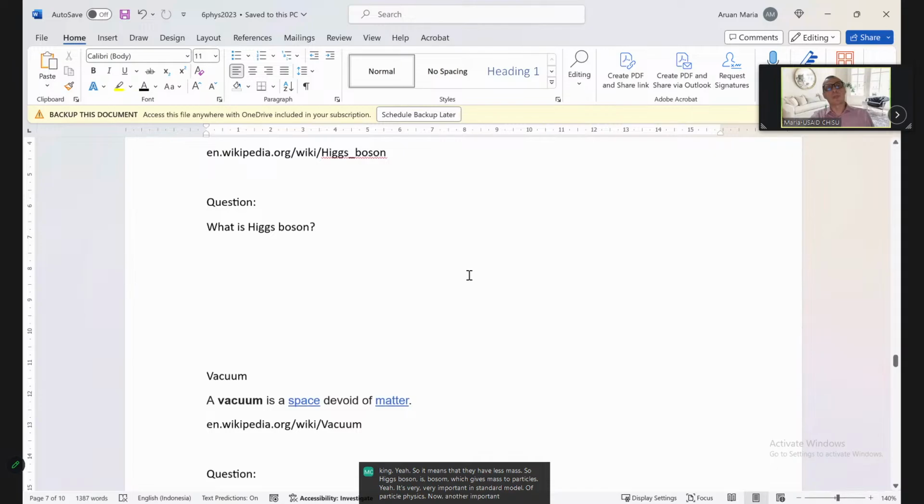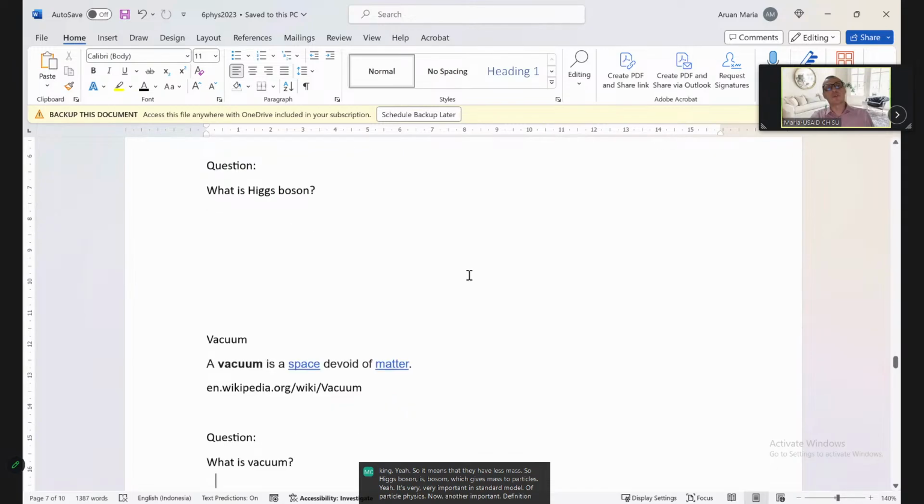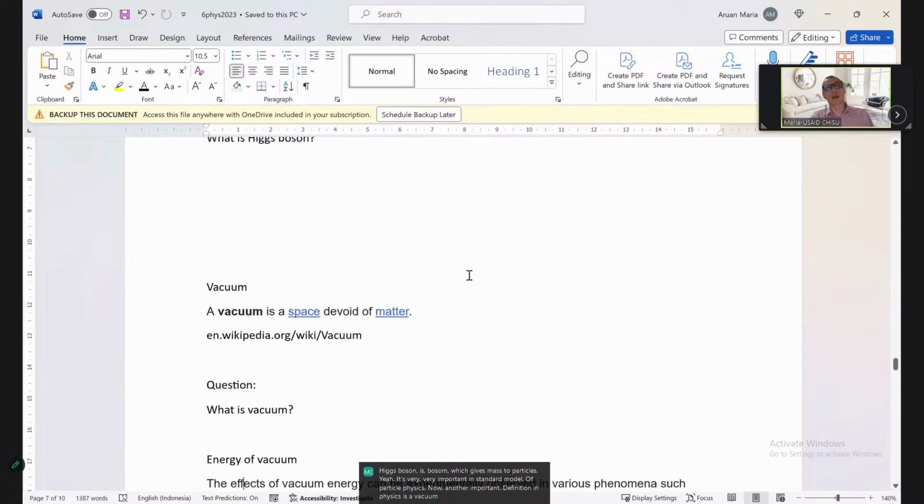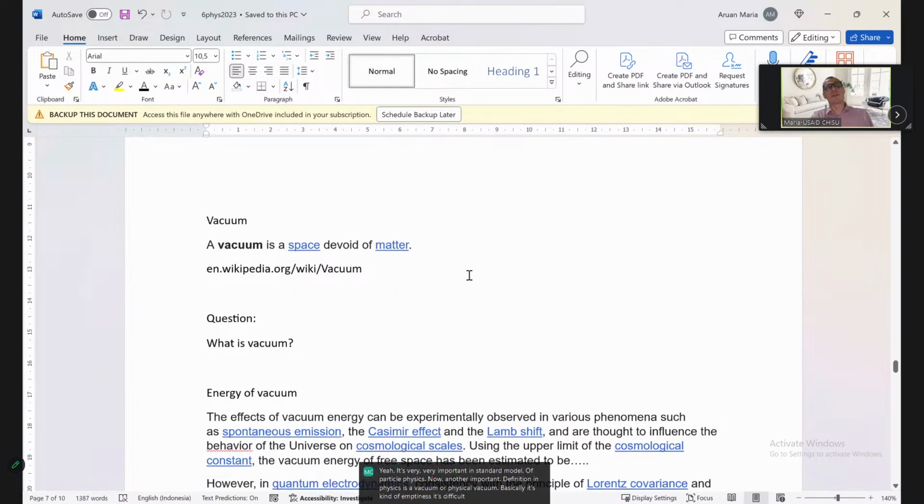Now, another important definition in physics is vacuum, or physical vacuum. Basically, it's a kind of emptiness, devoid of matter. In other words, there are no massive particles in this part of space. That's vacuum, but vacuum is subjected to fields, and electrons and positrons can appear from vacuum.